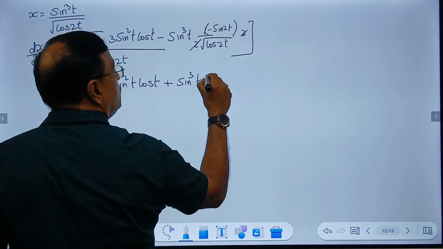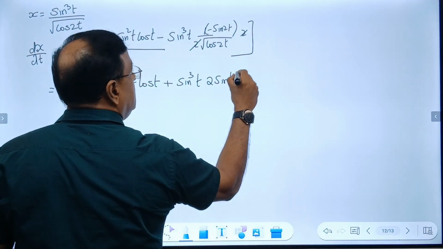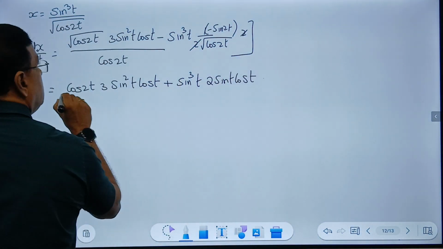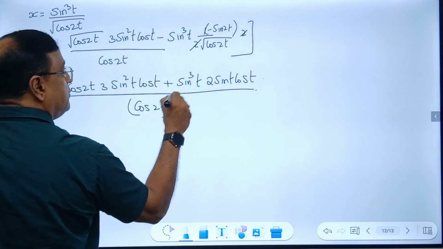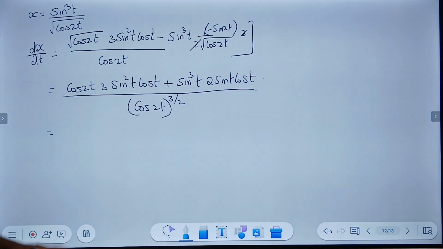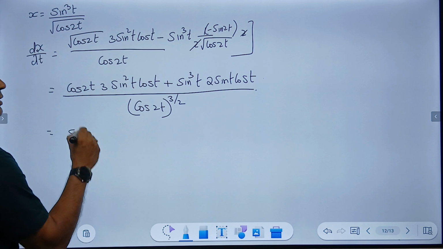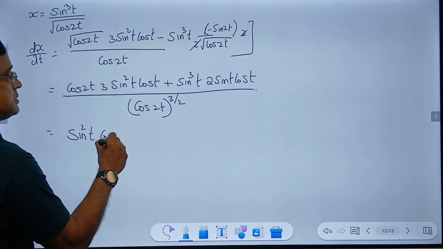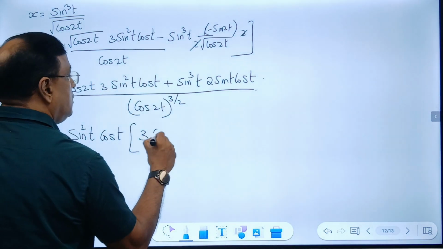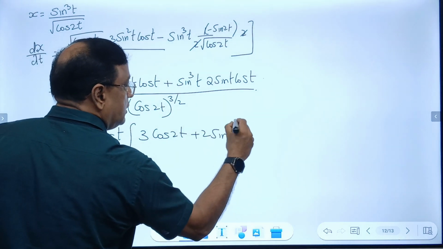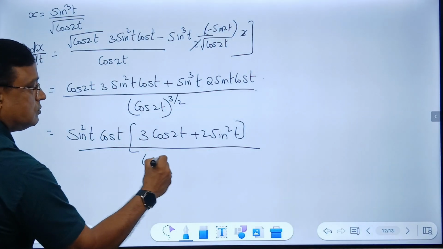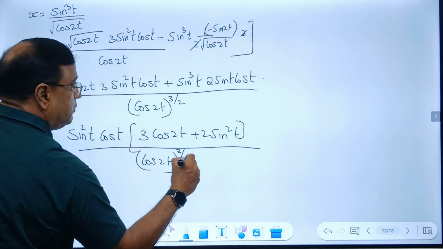I write the sin 2t as 2 sin t cos t, divided by cos 2t the whole power 3 by 2. As usual, if you see carefully, sin square t is common, cos t is common, so you get 3 cos 2t plus 2 sin square t divided by cos 2t the whole power 3 by 2.